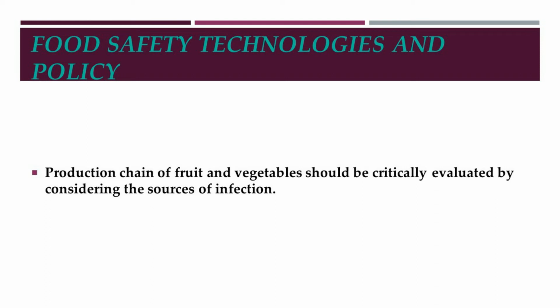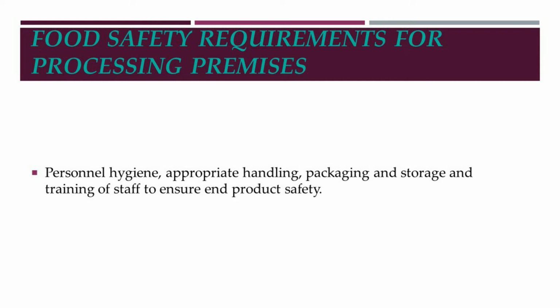Government and food safety regulatory organizations should provide resources and technical guidance to producers to make their produce safe. Processing premises should adopt appropriate location and design, equipment design, pest control, waste management, sanitary measures, personal hygiene, appropriate handling, packaging and storage, and training of staff to ensure end product safety.